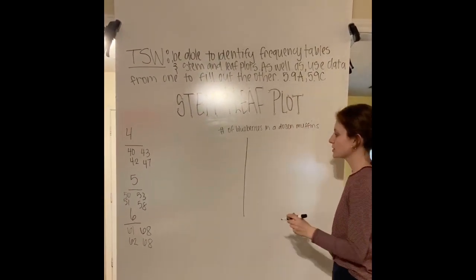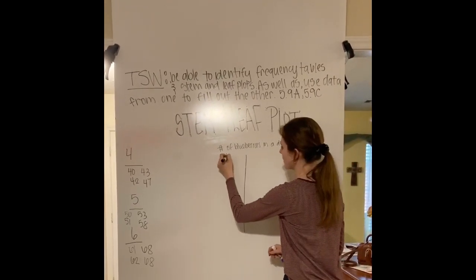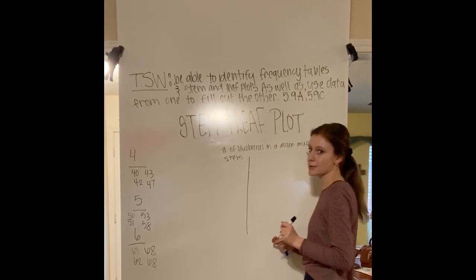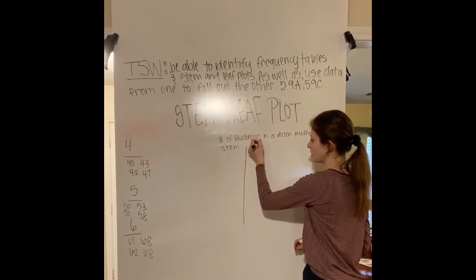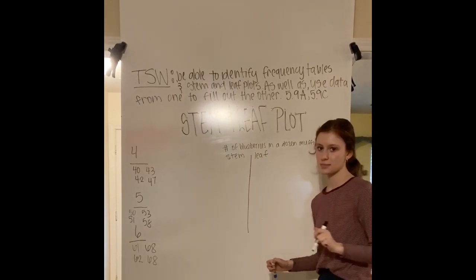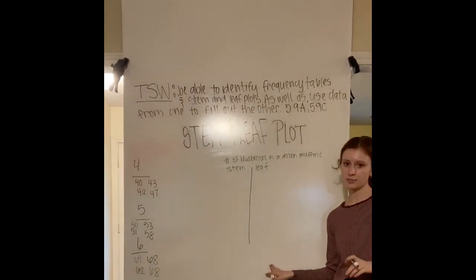Okay, so our left side is going to be our stem, and this represents the tens place. And our leaf is on the right, representing our ones place. So we are going to make a key at the bottom.